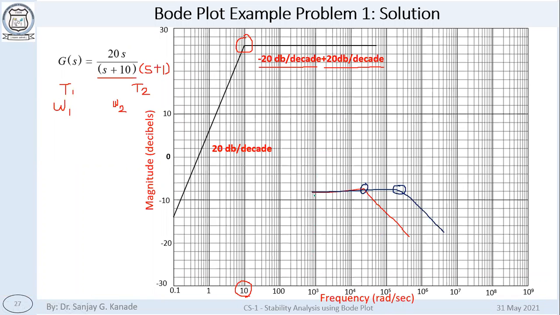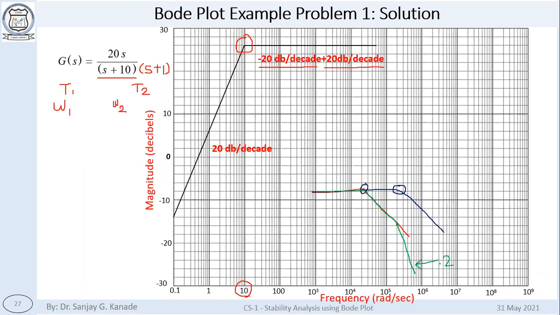So what I will get is a green line until this point, then like this, up to this particular point, and after this point, what is the resultant slope? This minus 20 and this minus 20, so minus 40 I'm going to get here.